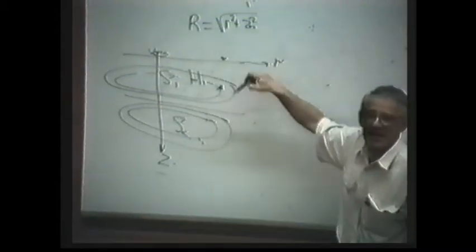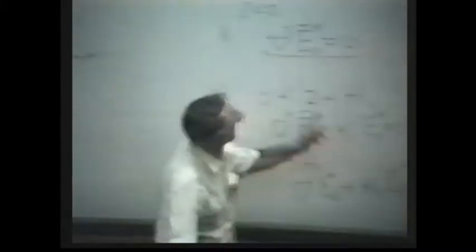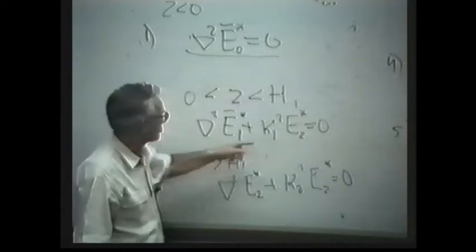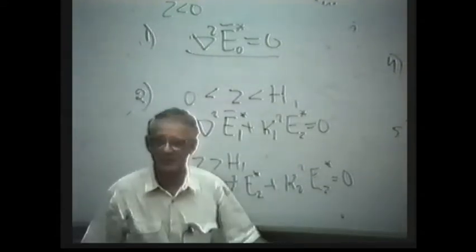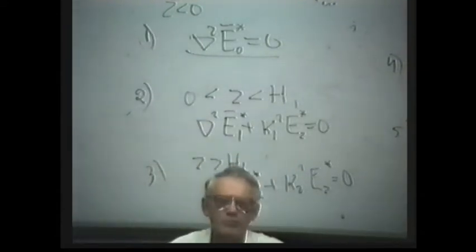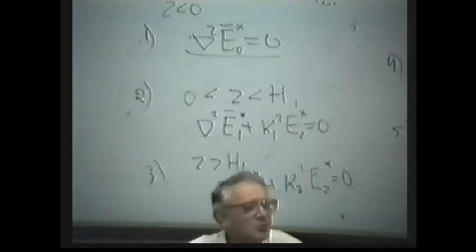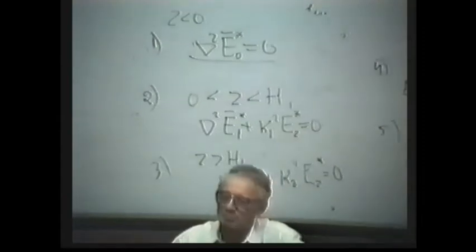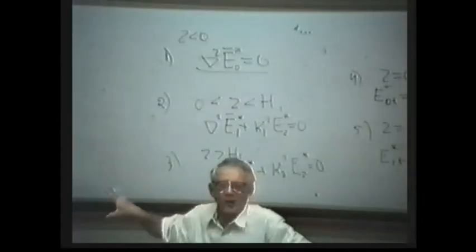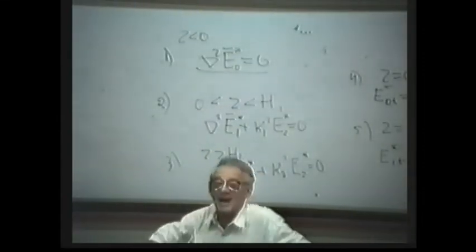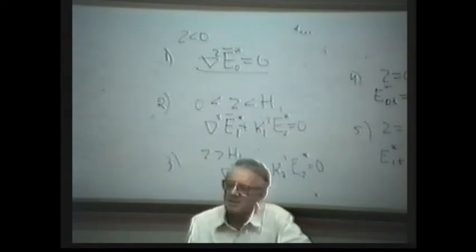Now, let us discuss a little more one part. How to solve the Helmholtz equation. There is a powerful method, separation of variables. It beautifully corresponds to this kind of problem.